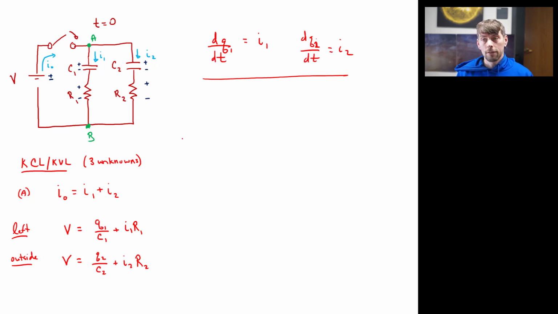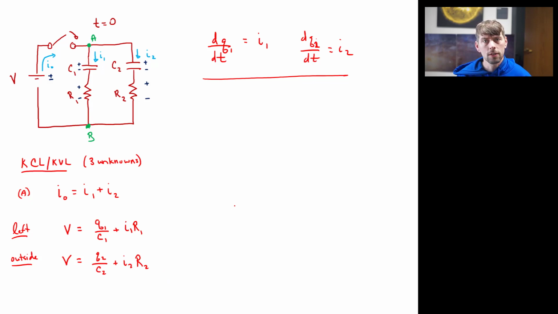Now what we are left with is trying to solve this system of equations. On the surface, it looks like we have 5 unknowns, when in reality we only have 3, because the charges on the capacitors are related to the currents flowing through the resistors. So now we need to finagle our way around in order to solve these equations.